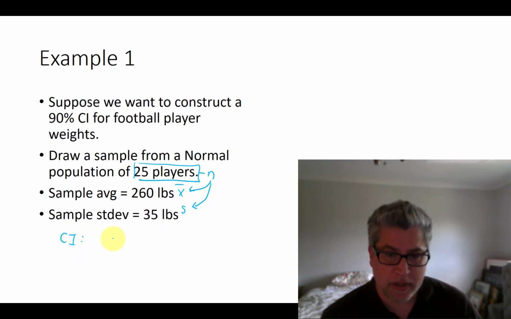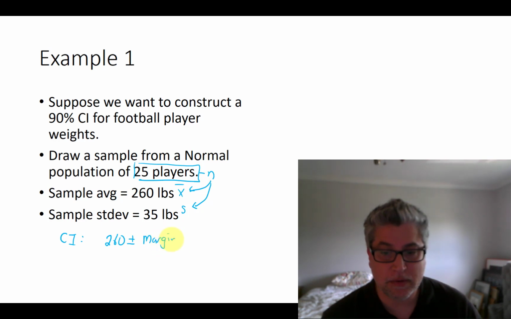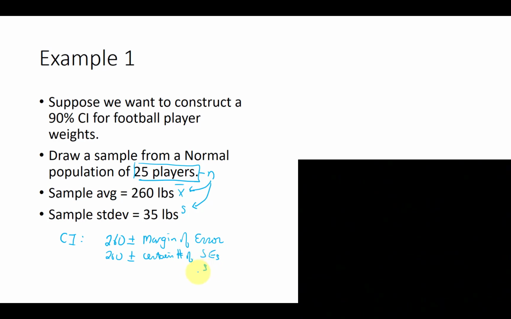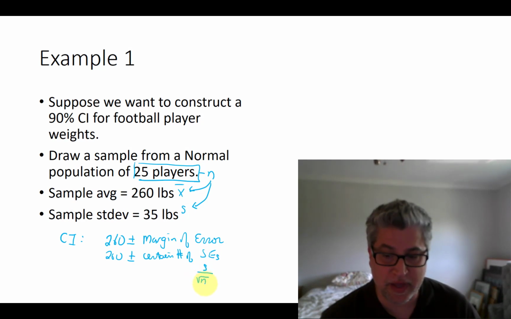Just like before, our best guess is still the sample average, but then around that, we want it plus and minus a margin of error. That margin of error is a certain number of standard errors. Standard errors are going to be estimated now. It's usually sigma over square root of n, but now they're going to be s over square root of n.